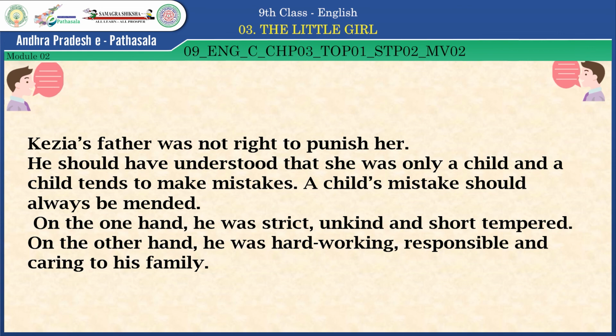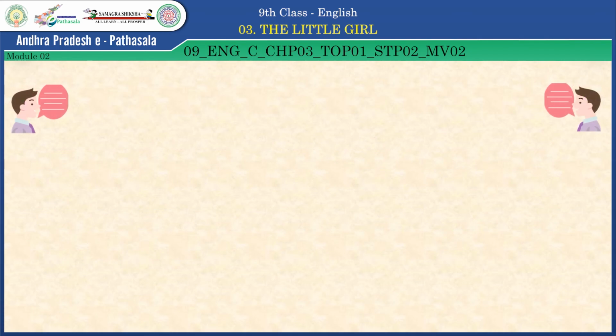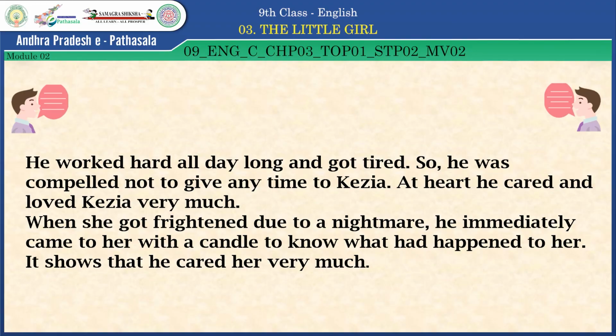On the one hand, he was strict, unkind, and short tempered. On the other hand, he was hardworking, responsible, and caring to his family. He worked hard all day long and got tired.